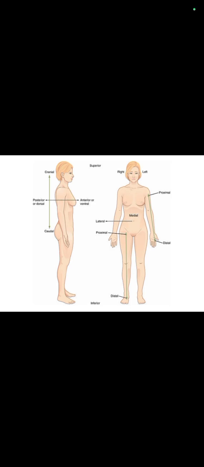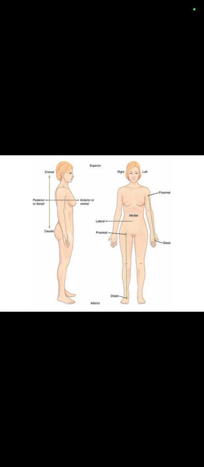Now here is a picture. We have two. The first one is the lateral view. The second one is an anterior view. When you're looking at the lateral view, you can see there's a green arrow showing the cranial and the caudal.